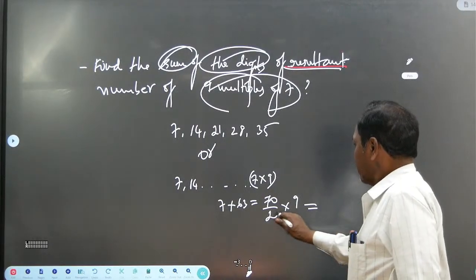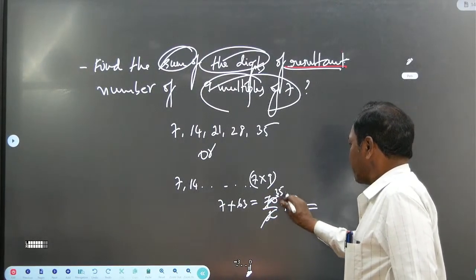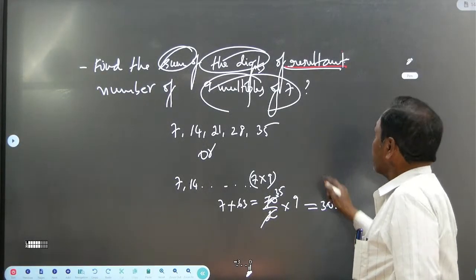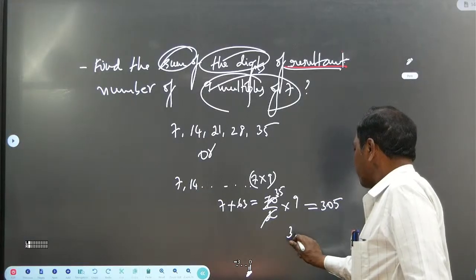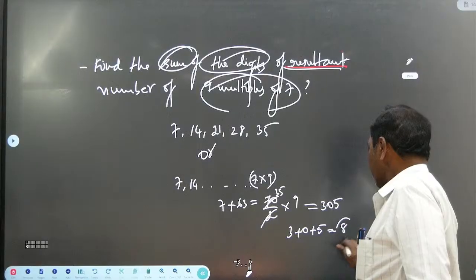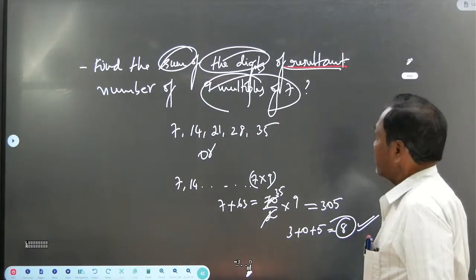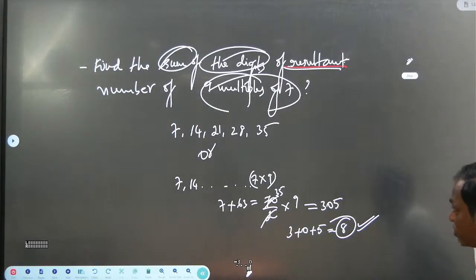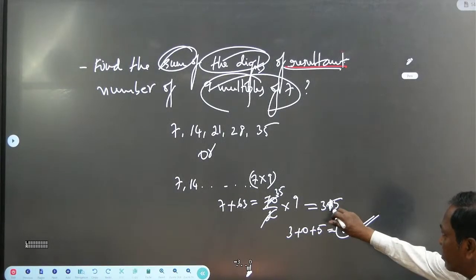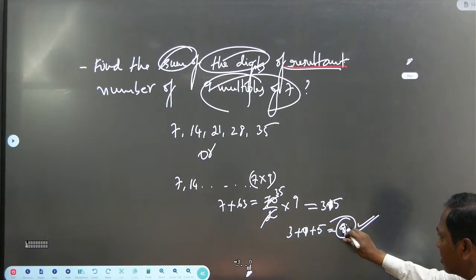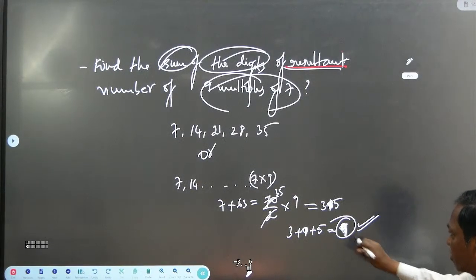So 35 into 9 is 315. That is the result. Now the sum of the digits: 3 plus 1 plus 5 is 9.